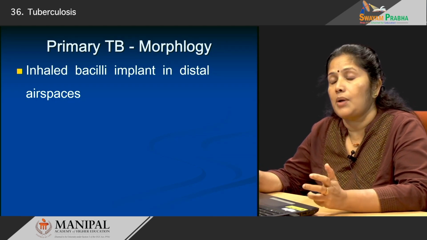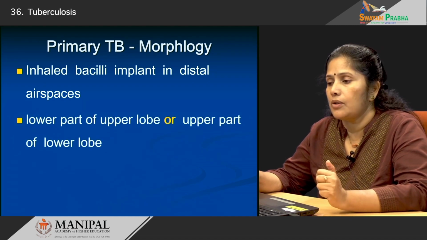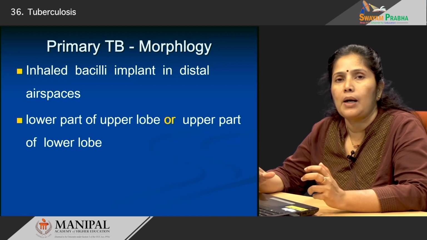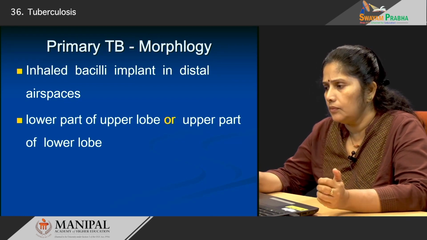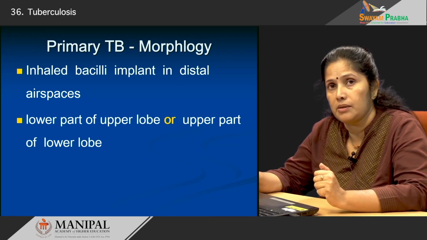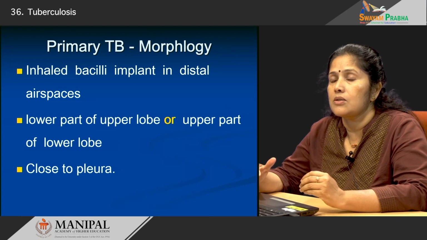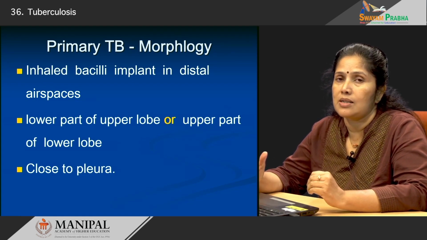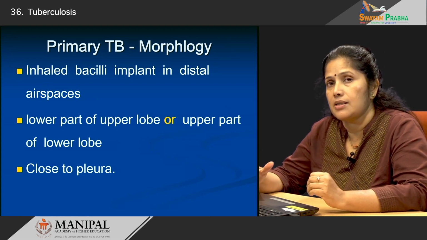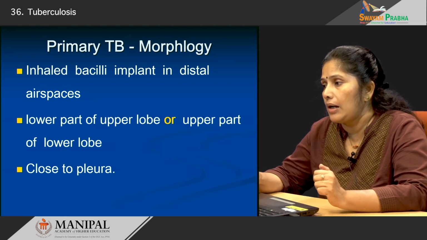Now, where does primary tuberculosis occur? It occurs in the lower part of the upper lobe or the upper part of the lower lobe. That is a very important area of involvement in primary tuberculosis. Another important feature is its closeness to the pleura. As we said, it affects the distal airways, so the lesion is usually seen very close to the pleura.